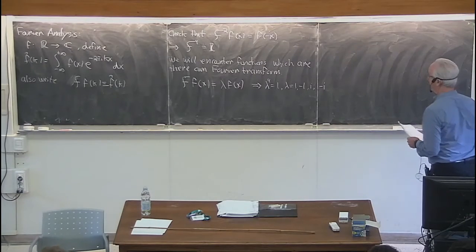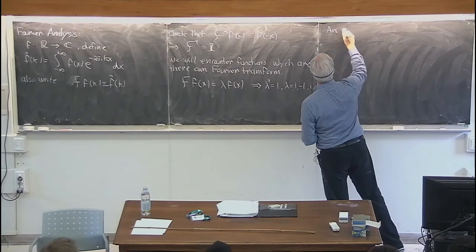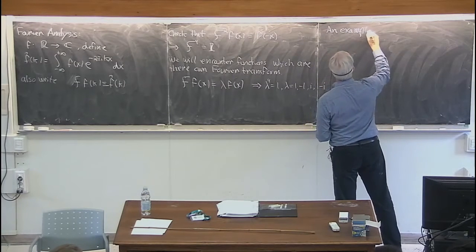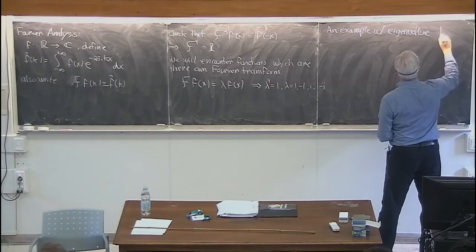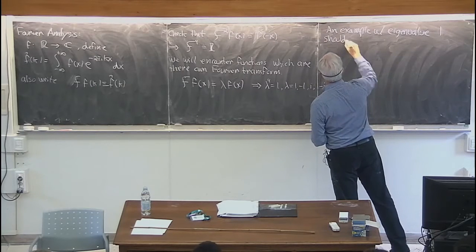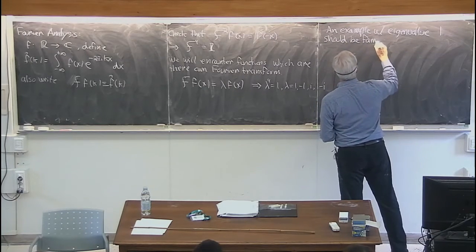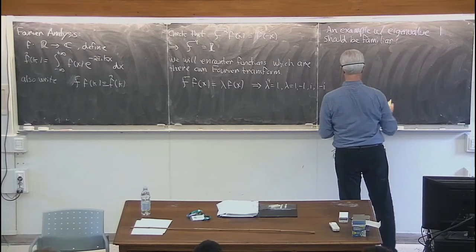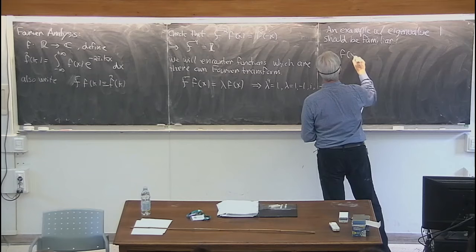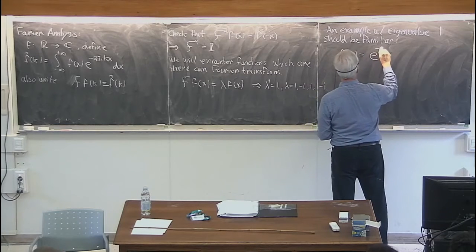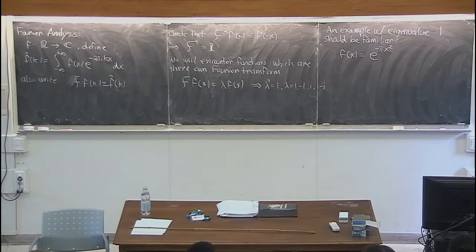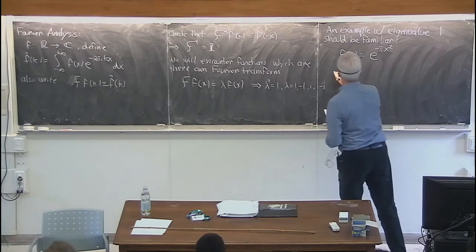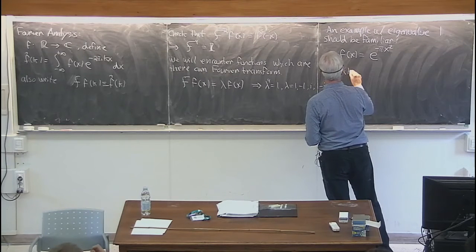So one example, should be familiar, and that is that if I take a function f of x, which is a Gaussian, with the normalization chosen specially to make what I want to say true, then we simply calculate the Fourier transform.